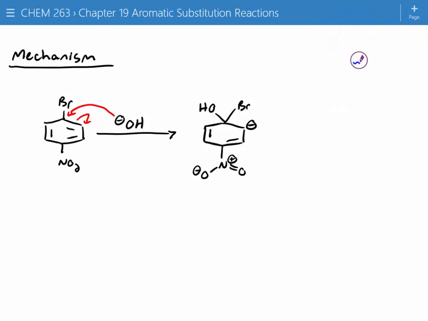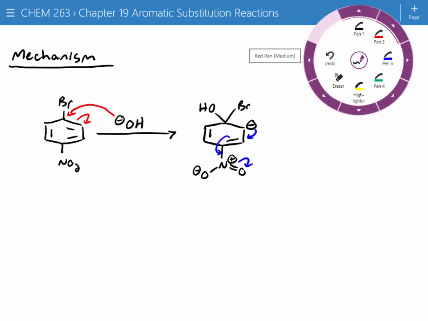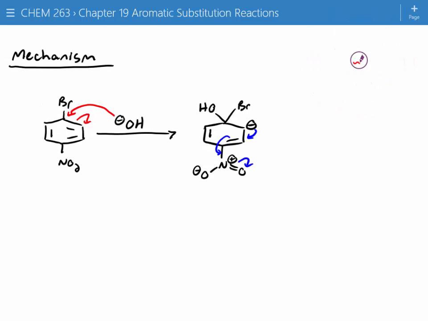So I'm going to draw the resonance structure using a blue arrow. Now we've got a double bond to a nitrogen.